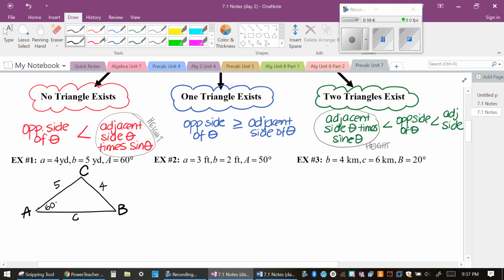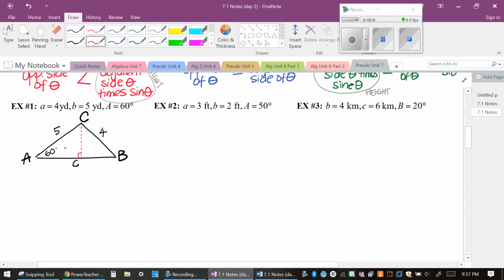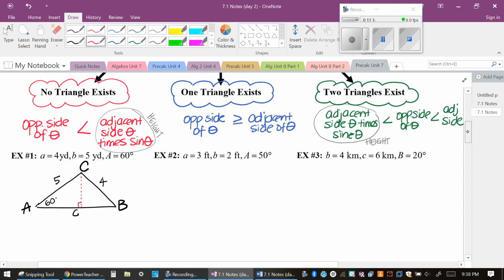Okay, the height of this triangle is always going to be a vertical line drop down to the base, making 90 degrees. Now, this height length is always going to be the adjacent side times the sine of 60, the given adjacent side. And that comes from SOHCAHTOA.